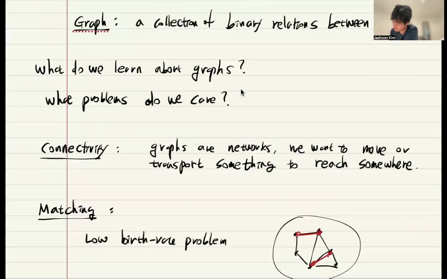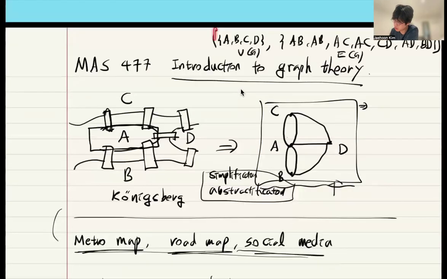Now seeing this graph again, you can notice one thing. If we consider certain problems like the matching problem or the coloring problem, in those natural problems, having two edges here or one edge here makes no difference.